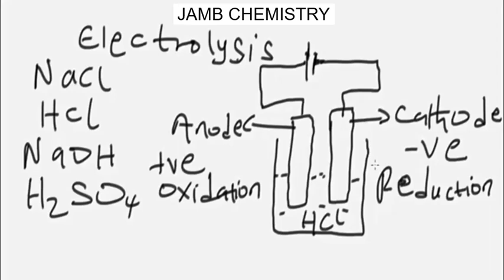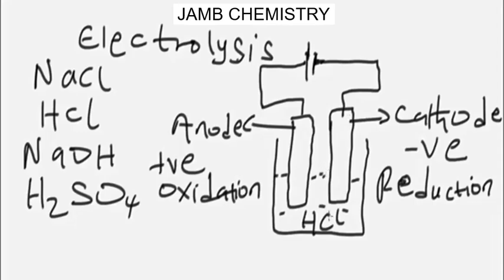Now, note again that during electrolysis, the positive ions in the electrolyte, for instance, our electrolyte here is hydrochloric acid, so the positive ion, which is the hydrogen ion, will move towards the cathode, the negative electrode, and gain electrons, and they become reduced to an atom.